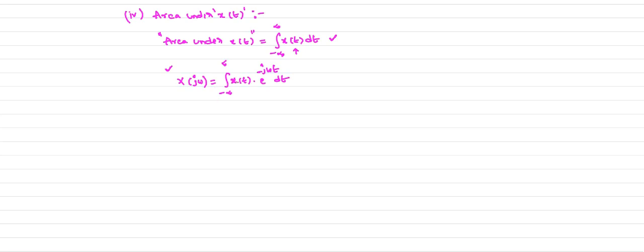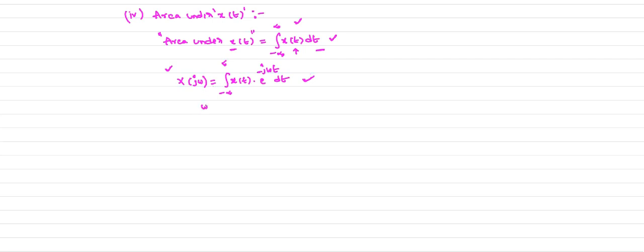I want to calculate the area under x of t. You already know how to calculate it using this formula. Now if we observe the equation of the Fourier transform, how can you get this area using this expression?